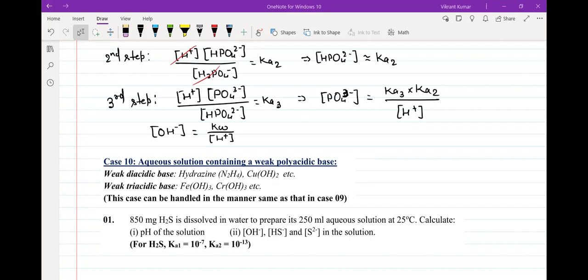Any answer? Okay, for pH you have got the right answer, do the rest of the calculation. Yeah, Chris, you have got the right answer for pH.